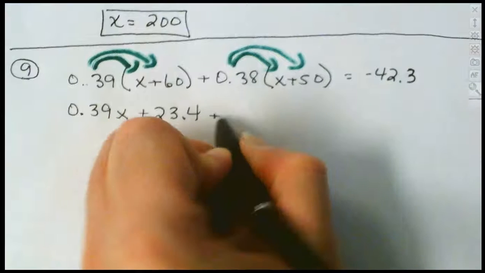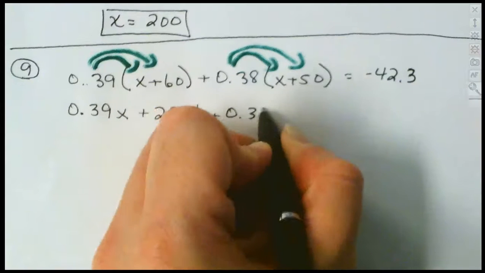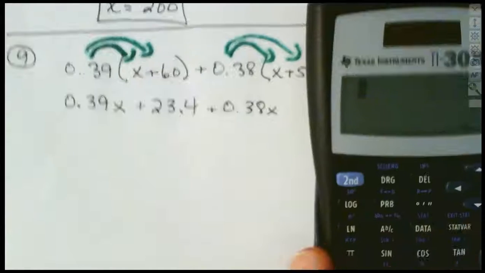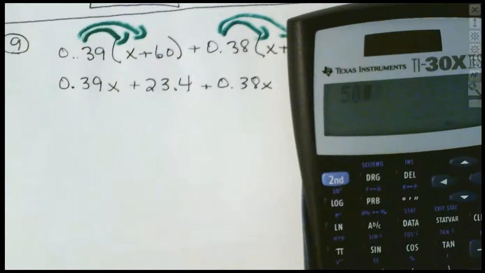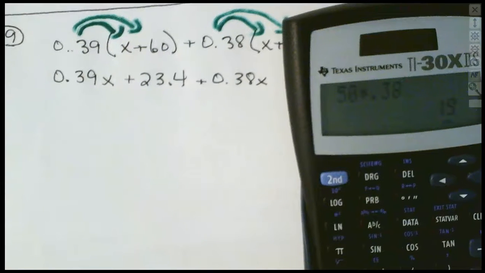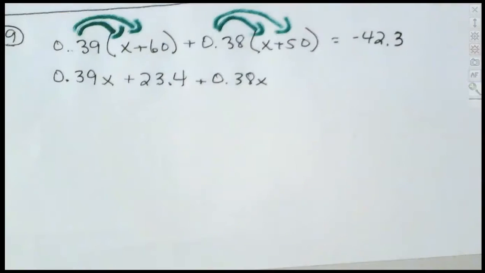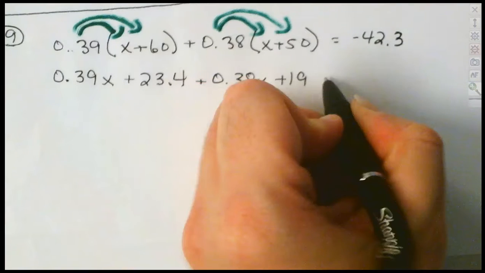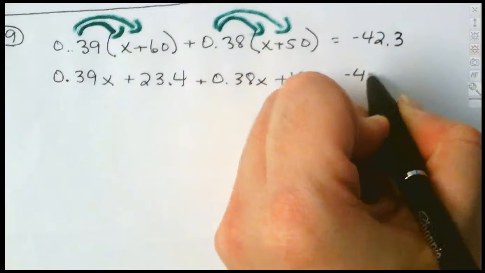Next piece is going to be 0.38x. And then you got 50 times that 0.38. That's going to give me a whole number of 19, it looks like. And that equals a minus 42.3.